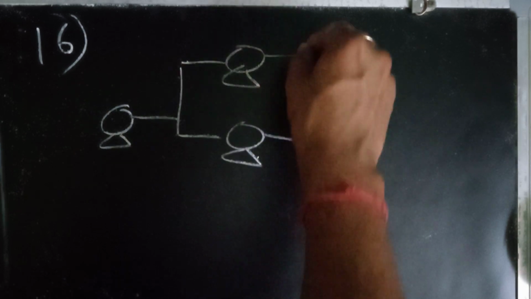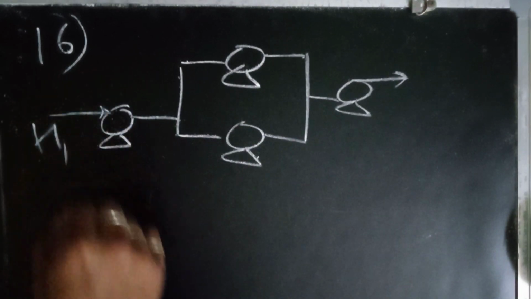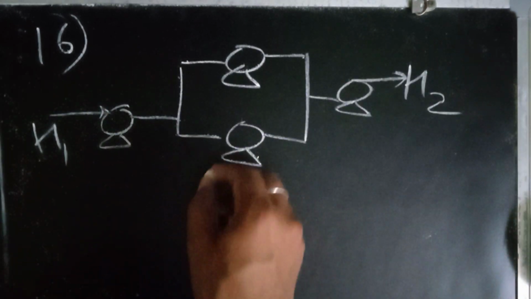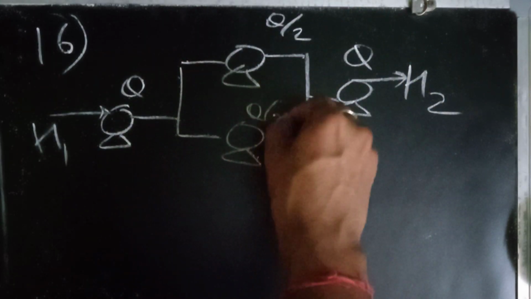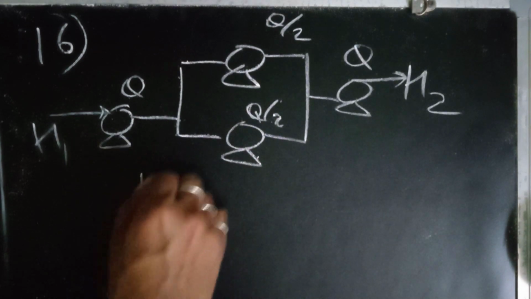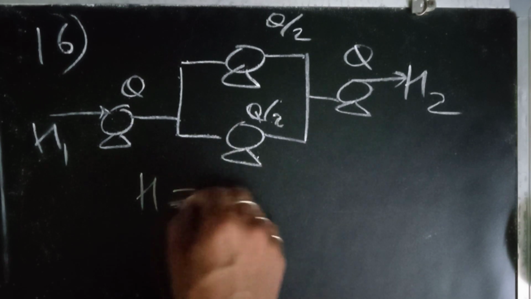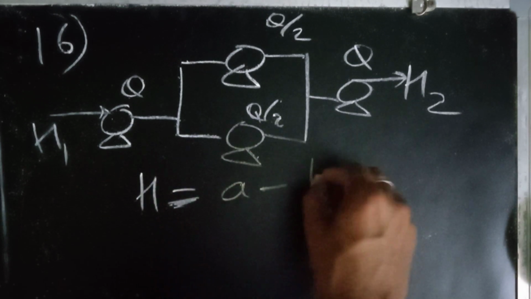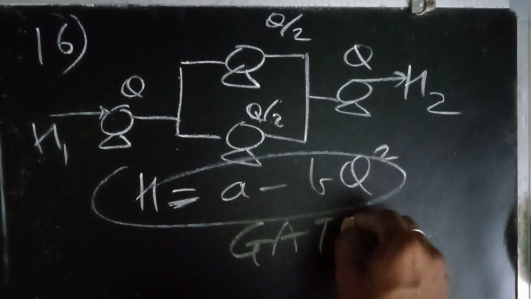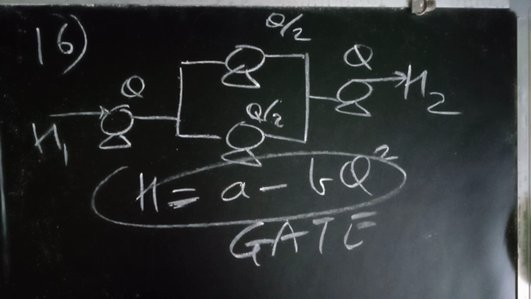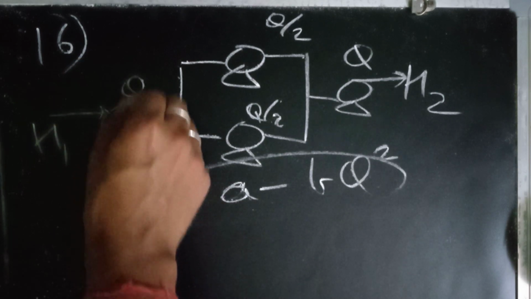These are centrifugal pumps, and this point was head 1, this was head 2, this flow rate was Q by 2, Q by 2, and the head relation was given with respect to flow rate as H is equal to A minus bQ square. This has been asked in GATE as well. So there were many options. Now the main thing, let me tell you the answer also.